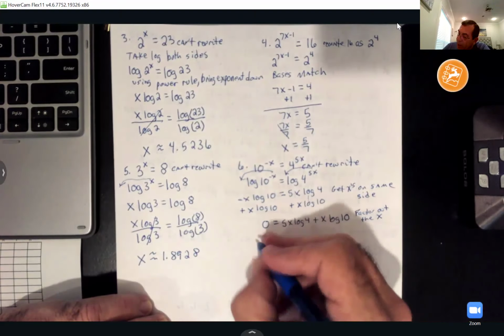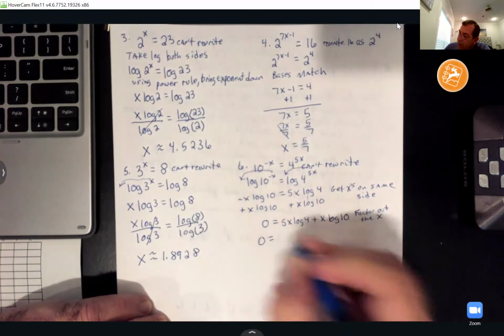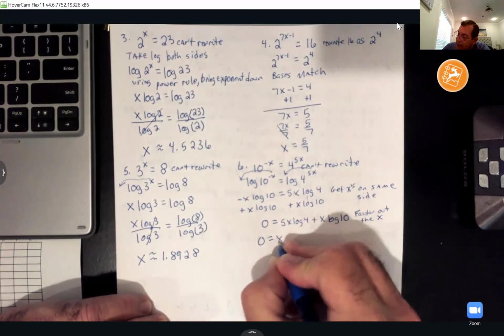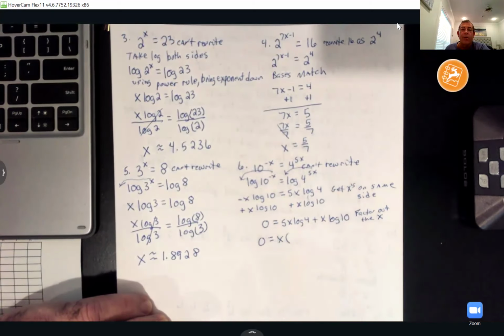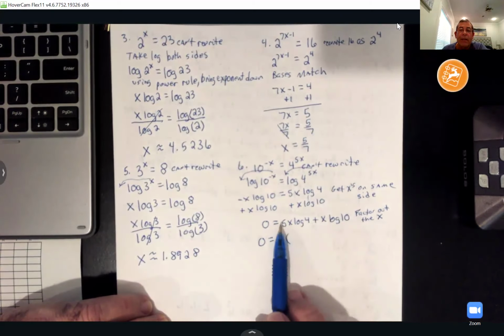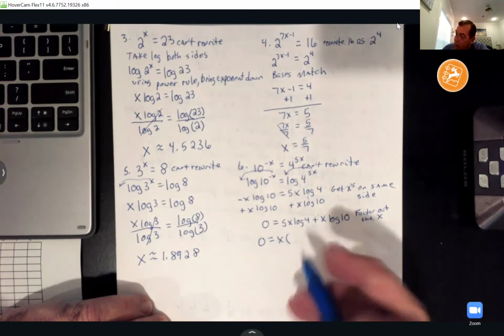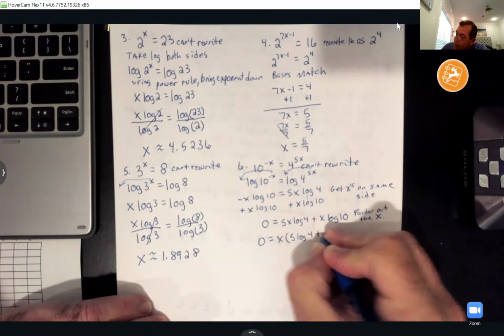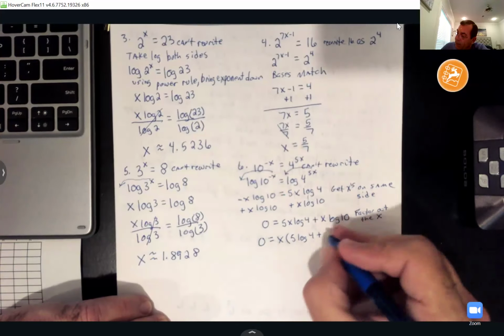So I'll have a 0 here. Since they both have an x in them, I'm going to factor out that x. And in parentheses, I'll have a 5 log 4 plus a log 10.